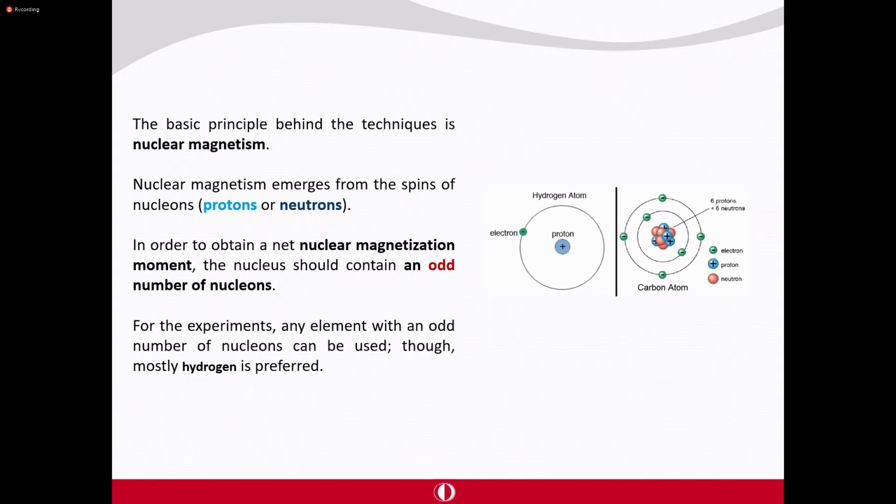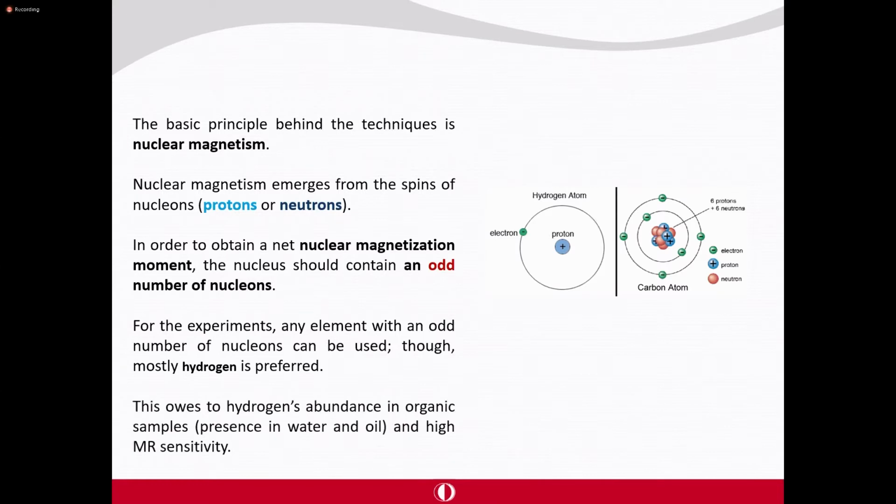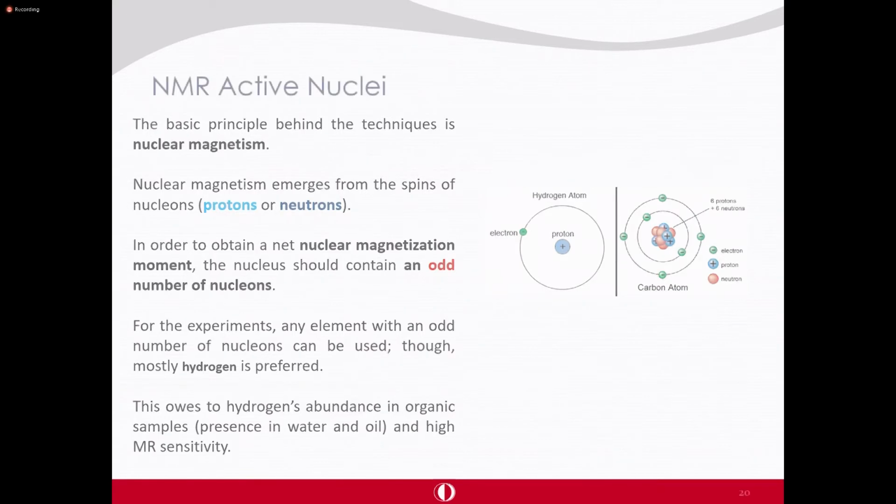Even from oil, we have hydrogen protons, which enable us to obtain signal. So hydrogen is preferred, also because of hydrogen's abundance in organic samples and its high magnetic resonance sensitivity.